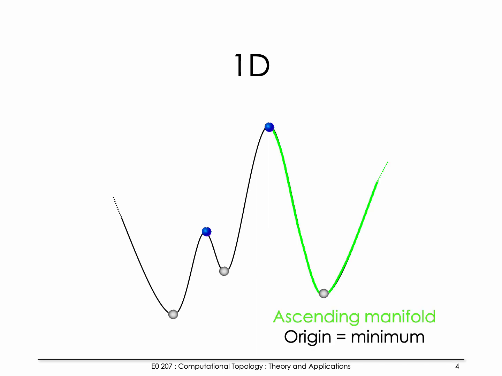To begin with, I would like to identify all those points that will end up at a given minimum if you let go and let the point fall under the effect of gravity. So the green part of the curve indicates all the points that will flow into this one minimum. We call this the ascending manifold. We will talk about these definitions later.